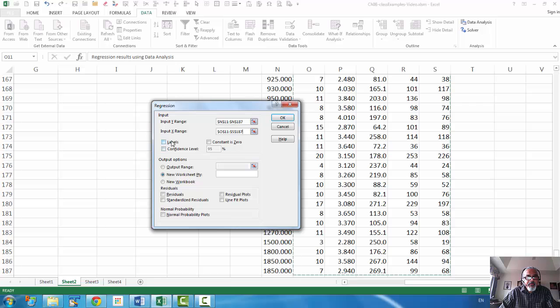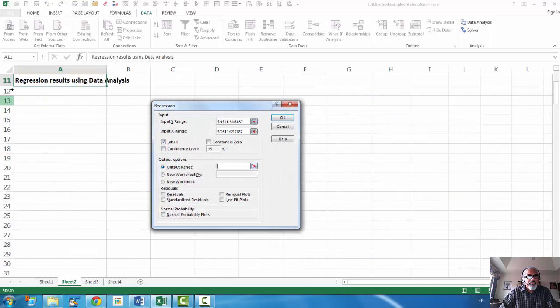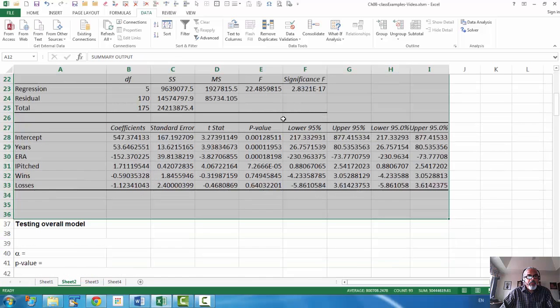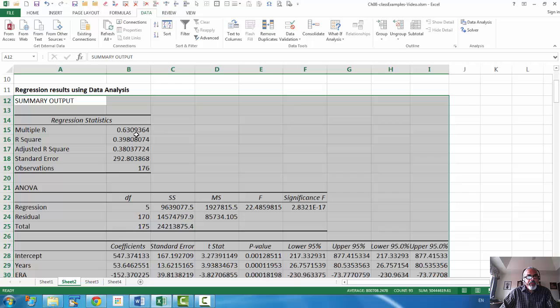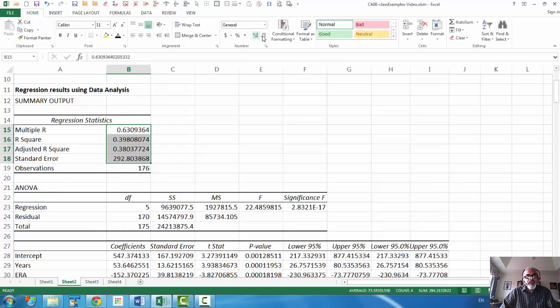Okay, labels. Okay, here is where we will start the regression output. Yeah, so here is the results, and we will format these results.